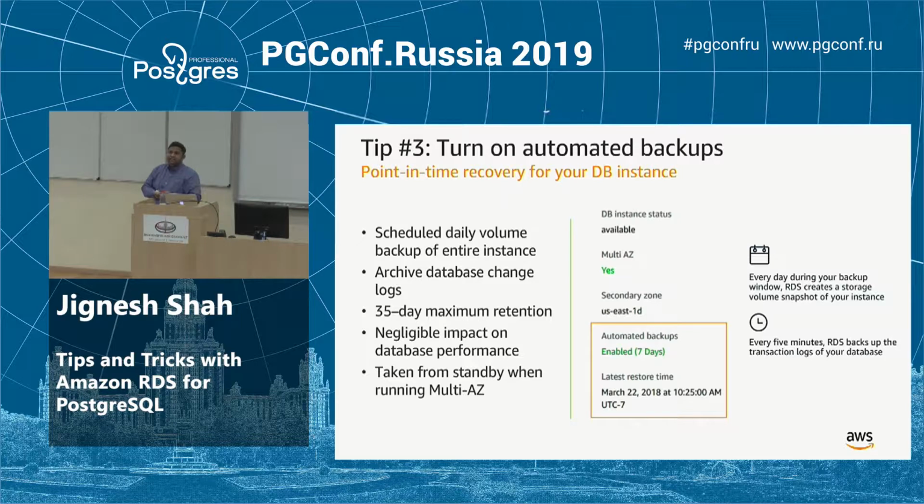The third thing is, if you are not using automated backup, you should always be using automated backup. One of the advantages of using CloudFormation and everything is that everything is now very simple to run. One of the disadvantages of making everything simple is that somebody can run a script and start deleting data also, right?